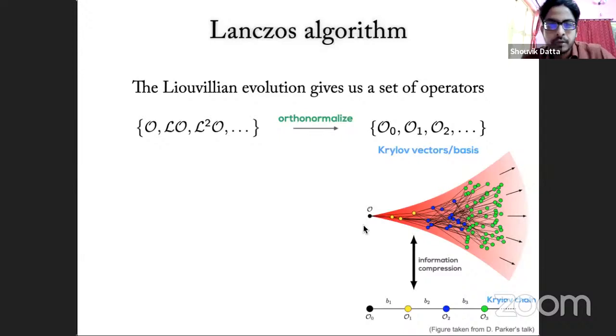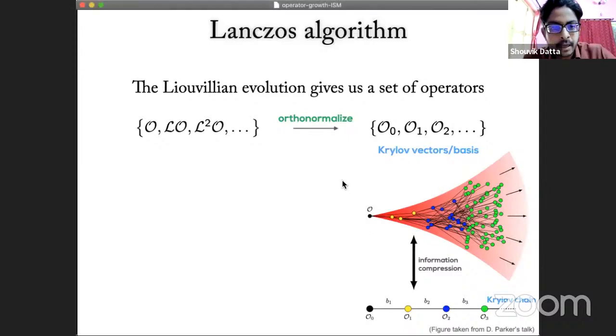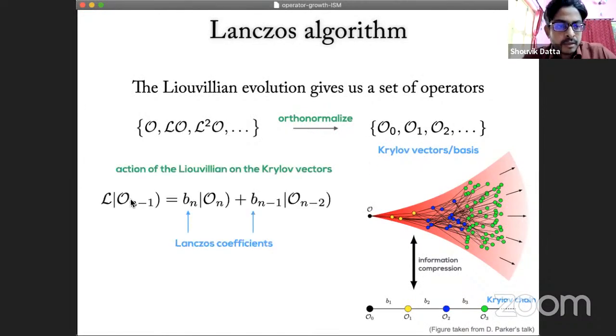This set of vectors is called the Krylov basis. The action of the Liouvillean on one of these Krylov vectors leads to a superposition of 2 other Krylov vectors, the neighboring ones, with some particular coefficients, which are called the Lanczos coefficients. For instance, if the Liouvillean acts on O2, it gives a superposition of O1 and O3.